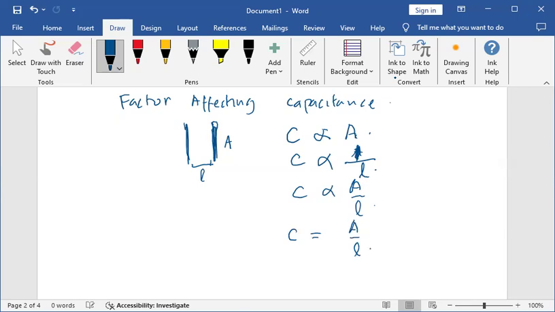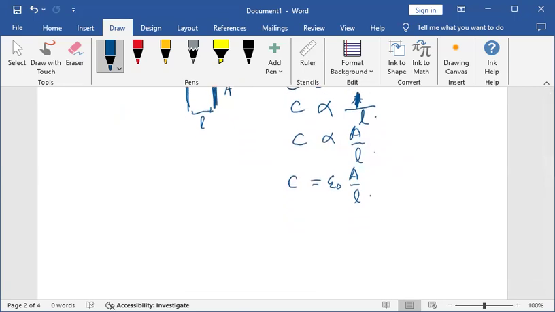There is a constant here, and the constant is epsilon naught, where epsilon is permittivity.